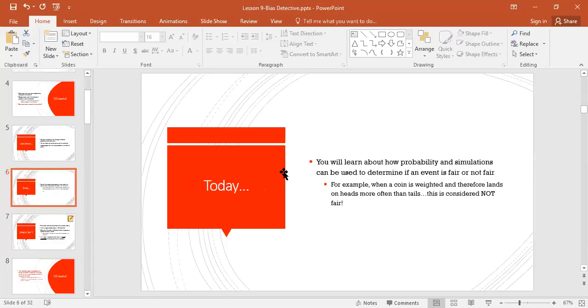Today, we're going to learn about how probability and simulations can be used to determine if something is biased or not, or if it's fair or not fair, right? So for example, when a coin is weighted and therefore lands on heads more than tails, it's considered a biased coin or a not fair coin.